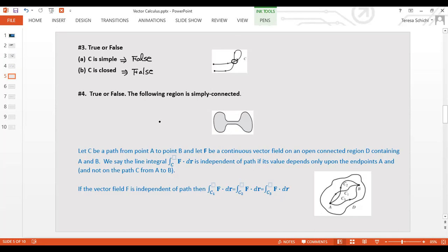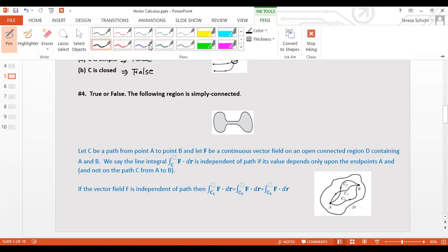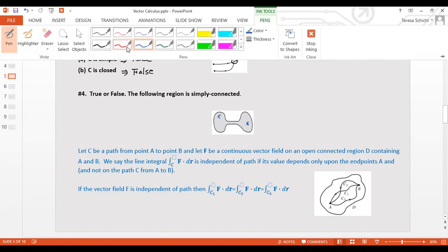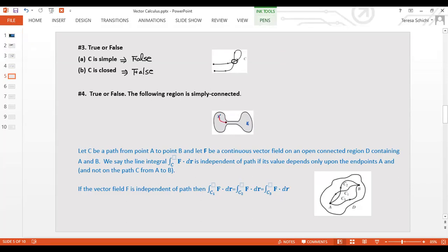Okay, all right. So now the next thing here: true or false, the following region is simply connected. Yes, this is true because it's connected here. If you have a point here and a point here, can I find the path? Oh yes, I can find the path and connect these two points.